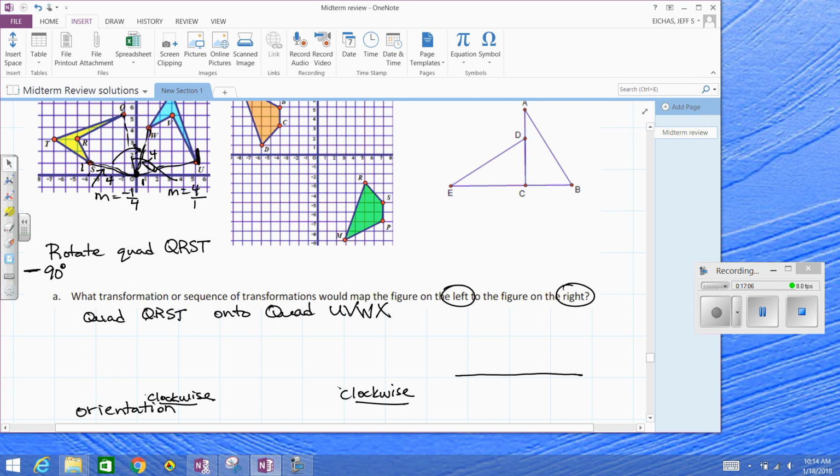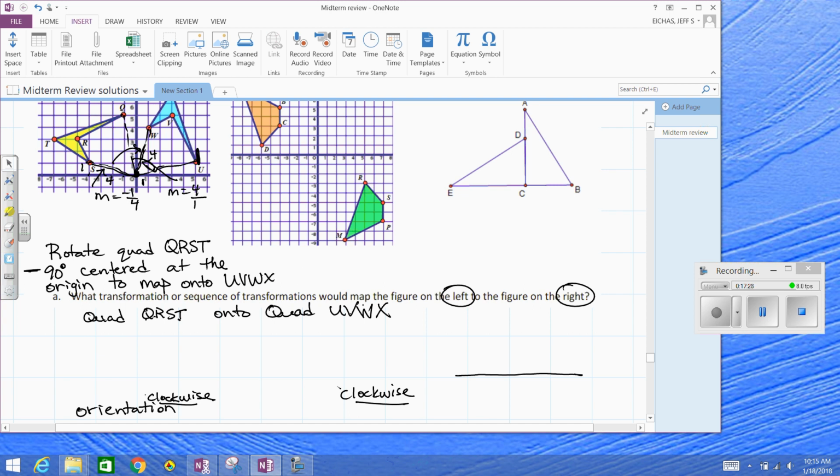That way is negative. Negative 90 degrees centered at the origin to map onto UVWX. Okay? So that's this one.